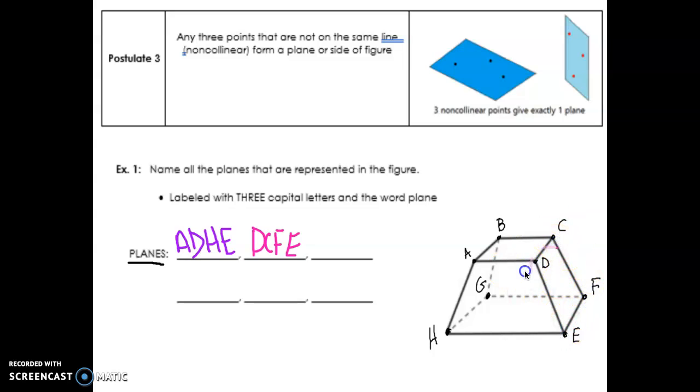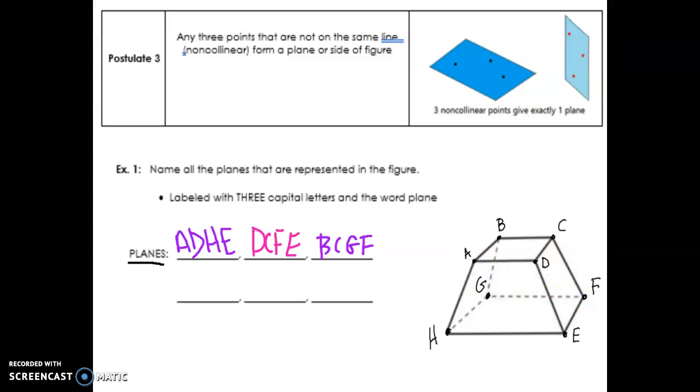Looking at what I consider the back side of our figure, because it also has dotted lines, that means a 3D image, right? Those are in the back. Looking at this plane on my figure, you could label it as B, C, G, F. I apologize, my writing's a little rough with this stylus.